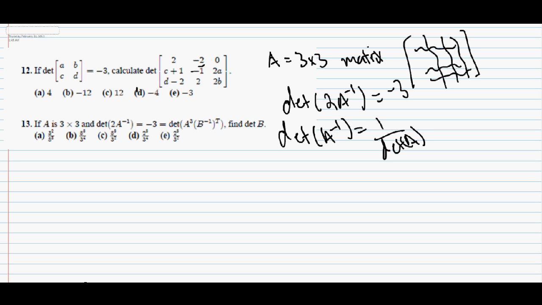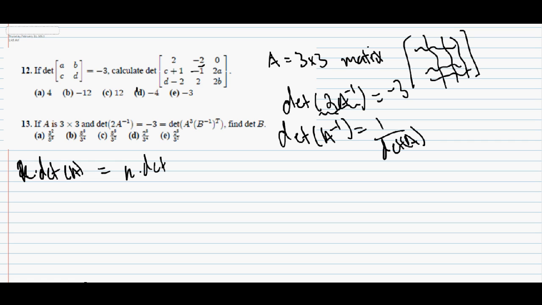You can try it out with a 2 by 2 matrix. Anyways, continuing on, we're multiplying 2 times a 3 by 3 matrix. In the previous examples, when we multiplied a scalar with the determinant, like k times the determinant of A, it would literally just be k times the determinant, so you just multiply that one row.